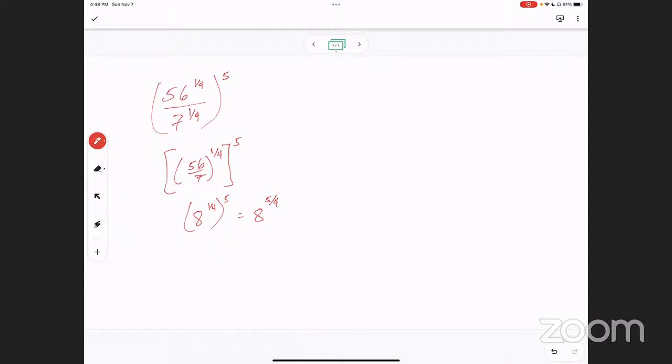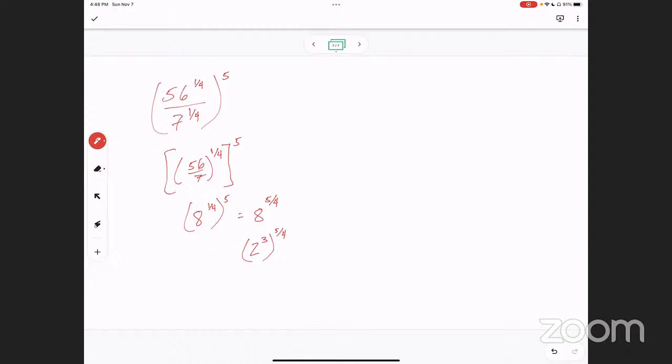Okay. But technically, let me go a little bit further, because like I said, anytime you see a power, you see how 8 is a power of 2? You could really rewrite 8 as 2 to the 3rd, to the 5/4. Now that doesn't make it any simpler, but you could write it that way.